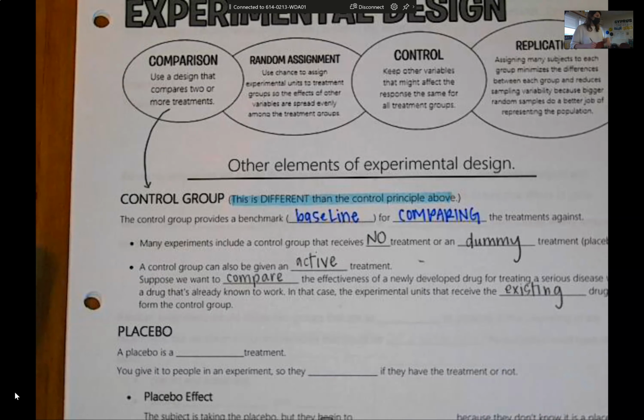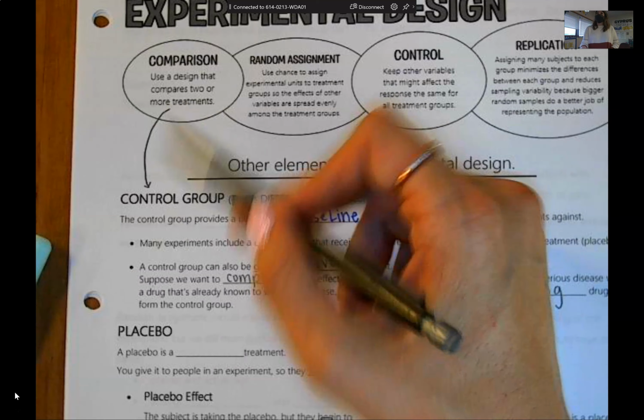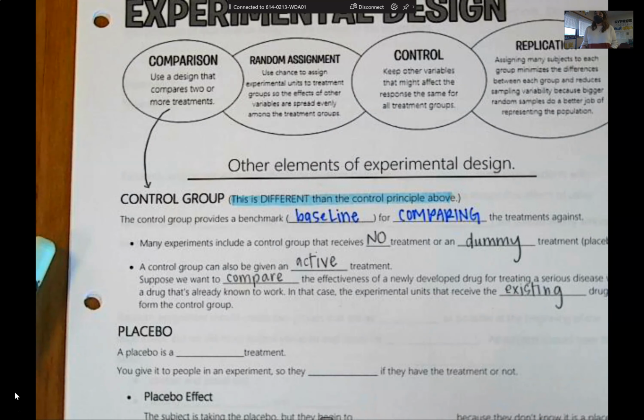So we know that this current medication works. Let's see if this new one works just as well or better. So for the best comparison, we want a control group if we can have one.